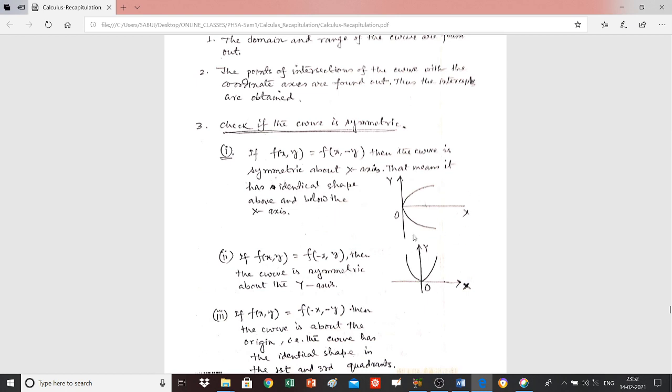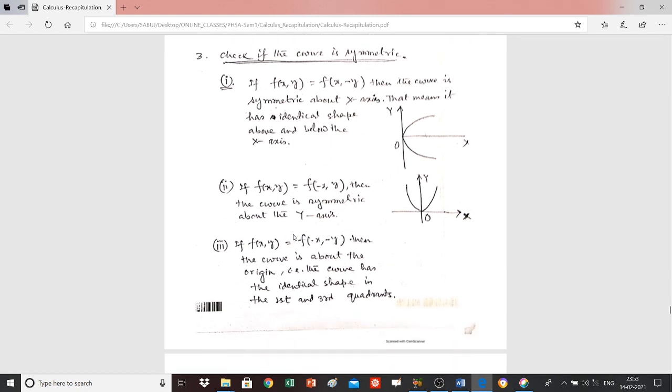Here y is positive, and here y is negative, but the function has the same value.